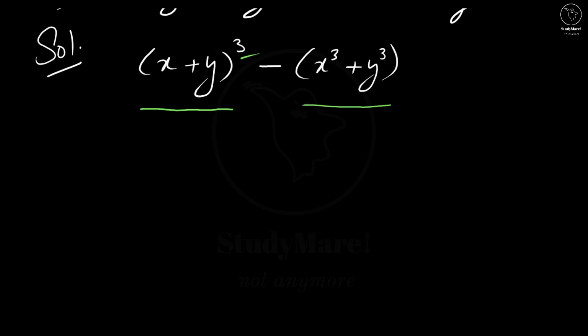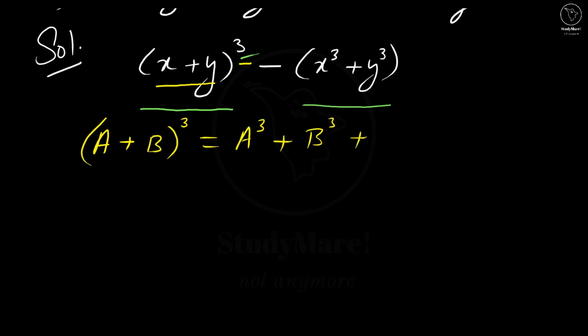Here we have (x plus y) whole cube. So yes, I can recall an identity. (a plus b) whole cube is equal to a cube plus b cube plus 3a square b plus 3ab square.